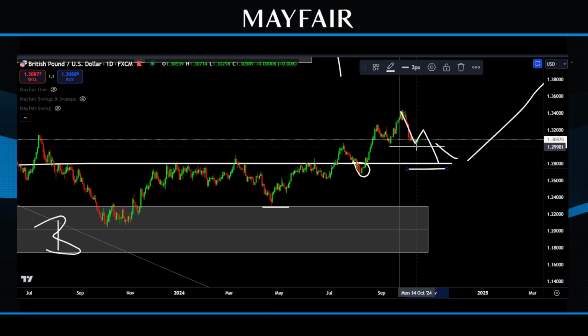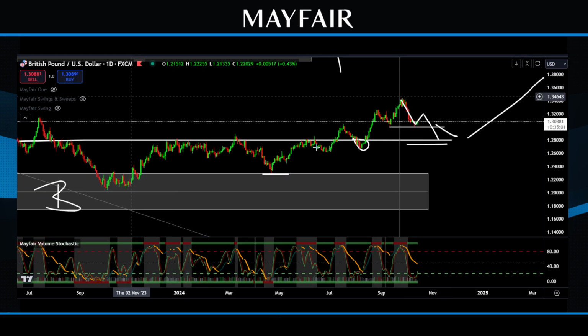So what I'd like to see is a bit of momentum to the upside on things like my stochastic, and then obviously bigger picture, I'd like to see the move pointing down, right? So let's have a quick look in terms of what we got on the stochastic. So a bit of upward momentum.